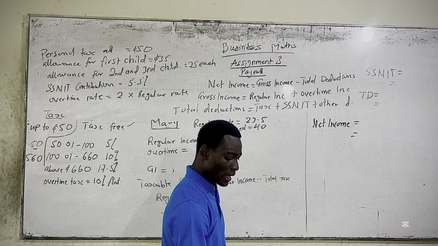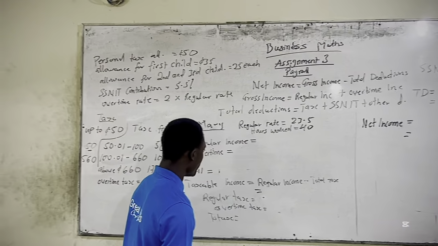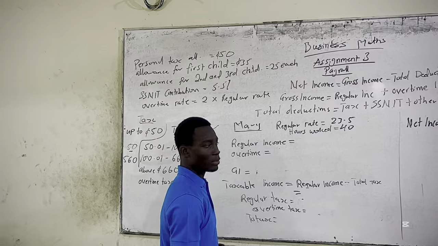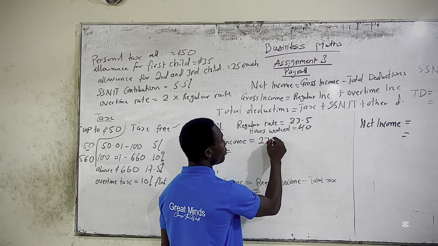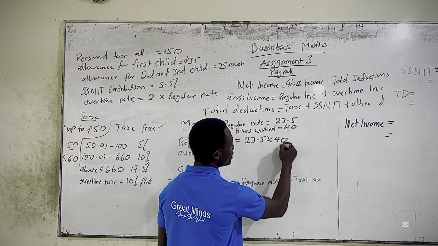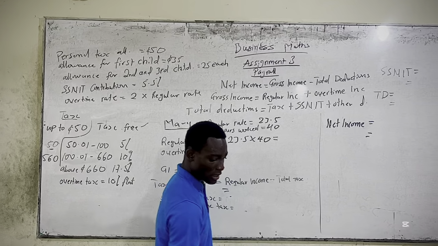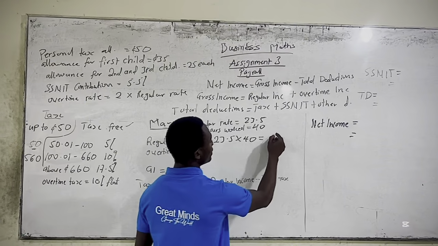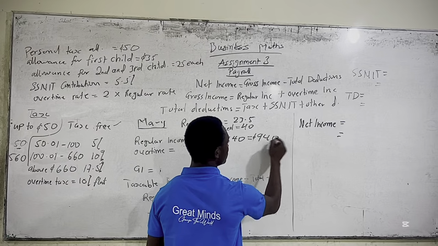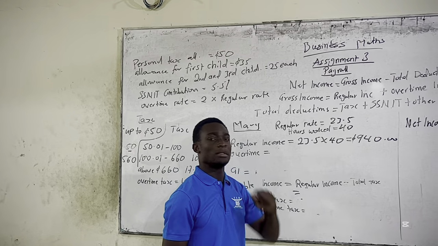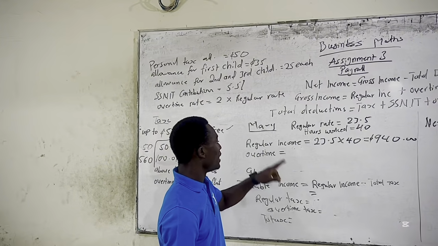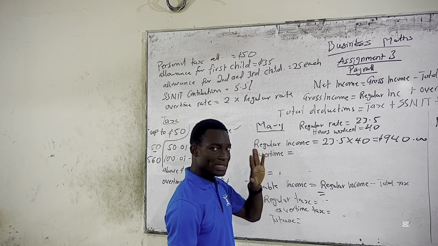So now, to find the gross income of Mary, we first calculate the regular income, which is 23.5 times what? 40, giving us an income of what? 940 cedis. Now, the hours worked is 40. There is no what, overtime. Why?